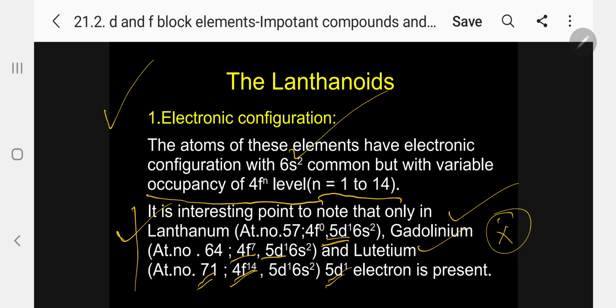This may be asked, kindly follow. So 57 plus 7, 64 plus 7, 71. Starting from lanthanum, just add 7 plus 7. Lanthanum, gadolinium, lutetium have 5d1 electron configuration. First case f0, second case half filled, third case completely filled. Empty, half filled and completely filled. Please memorize.